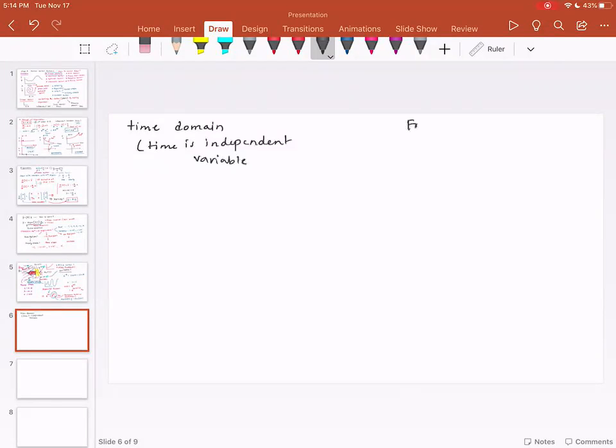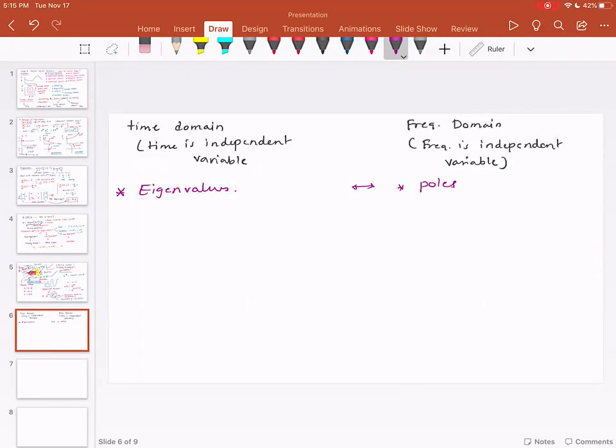And in the frequency domain, frequency is the independent variable. We will study this in detail, but in the time domain we have eigenvalues, and in the frequency domain, they are called poles.